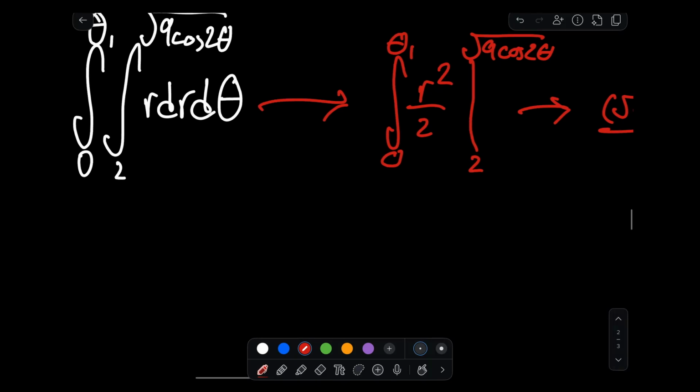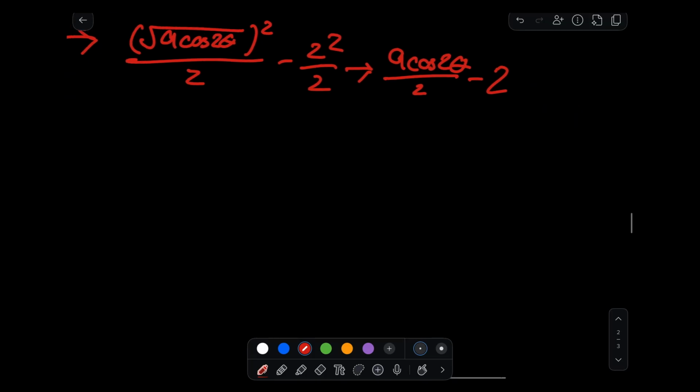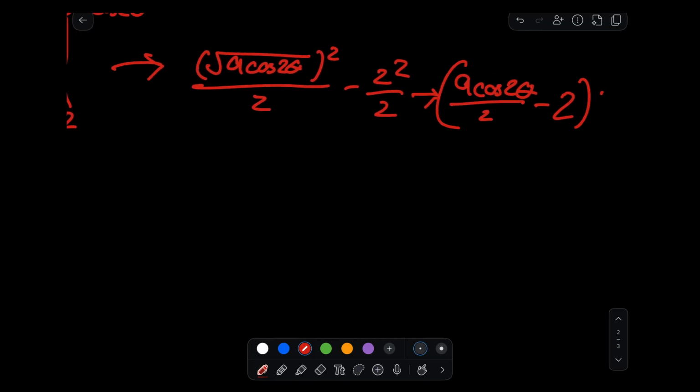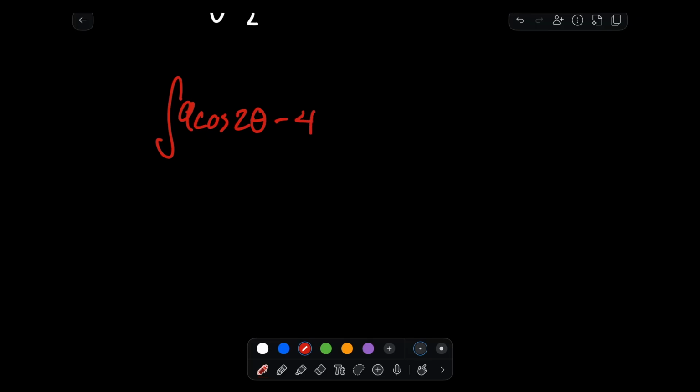So we're going to have to add an additional 2 right here, and then this is all going to be multiplied by 2. So then we're going to get down to here. We're going to get 9 cosine 2 theta minus 4, from 0 to theta 1, d theta. And now this is at the point where you can just plug this in on your own and solve for it, or you can do it algebraically, knowing your inverse trig rules.